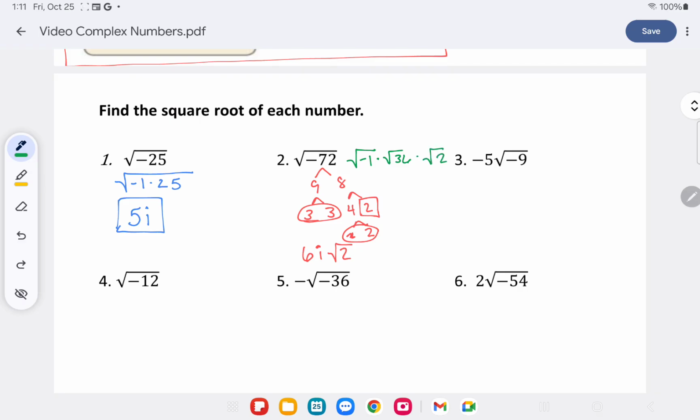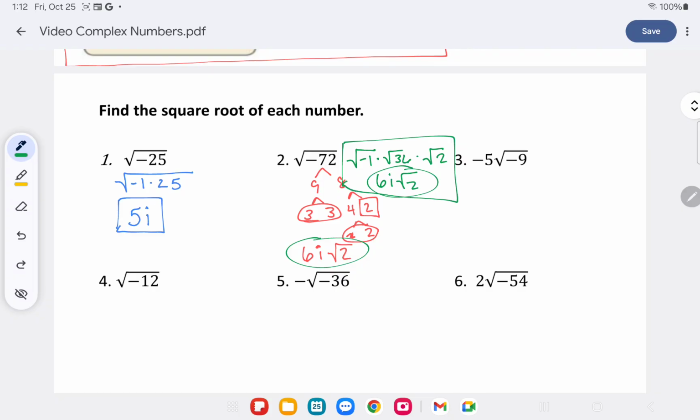I just had 9 and 8 on my brain because that's how I first divided up 72 with our factor tree. If I multiply these out, we get the square root of -72. The square root of -1 is i. The square root of 36 is 6. So we have i times 6, or 6i, and then the square root of 2.